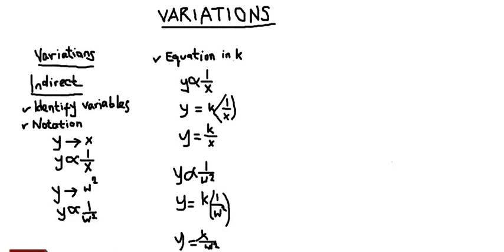Then after getting the equation in K, the next step is to substitute the initial condition and solve. So we substitute and solve. So for example, let's take an example.